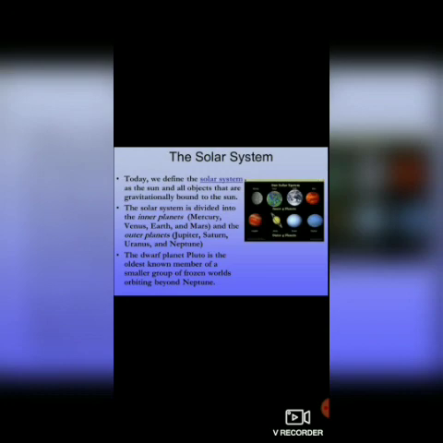Venus is called Earth's twin sister, and Mercury is the nearest planet to the Sun. Jupiter is the biggest planet in the solar system, Saturn is the second biggest, and Neptune is the eighth planet.